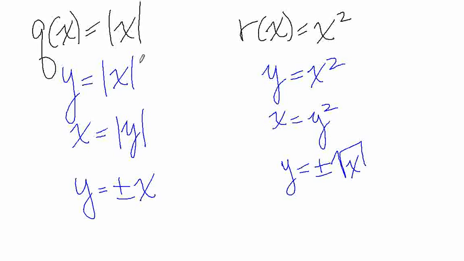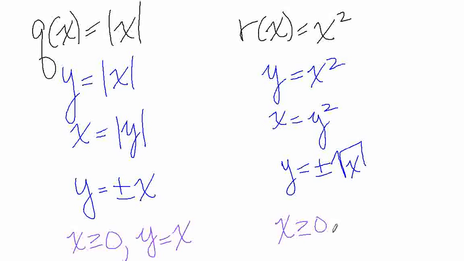So, for example, for the function q, if we limited ourselves to x values greater than or equal to 0, then the inverse function would be x. Likewise, for the function r, if we limited ourselves to x values greater than or equal to 0, then we could find an inverse function. The inverse function would be the square root of x.